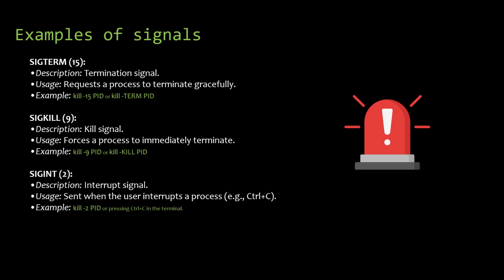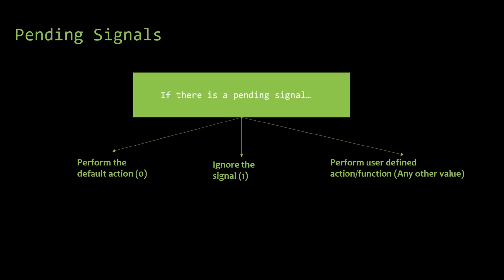The numeric representation for this signal is 9. We also have SIGINT, whose numeric representation is 2. This is the interrupt signal. It is sent when the user wants to interrupt a process. Whenever we press Ctrl C in the terminal, it is equivalent to sending the SIGINT. These are three signals, but there are many more.